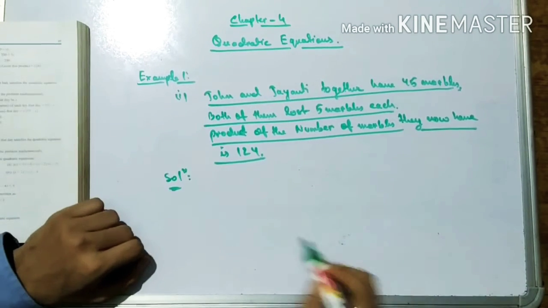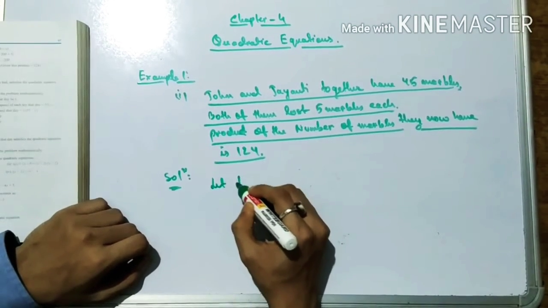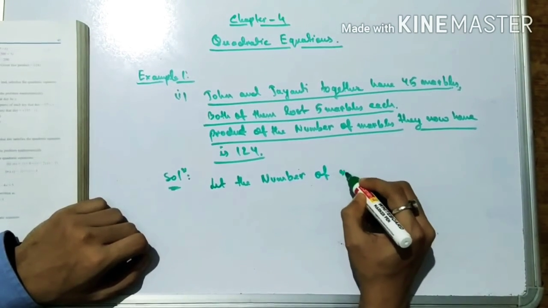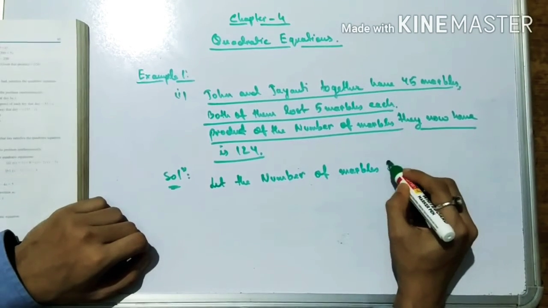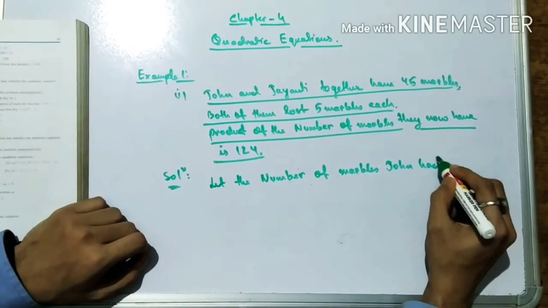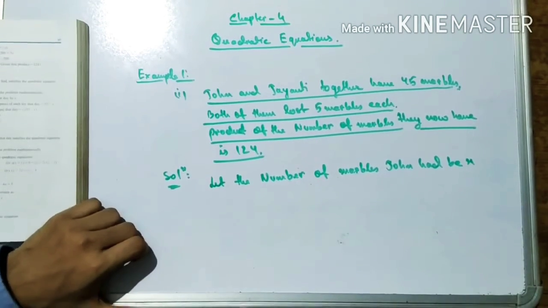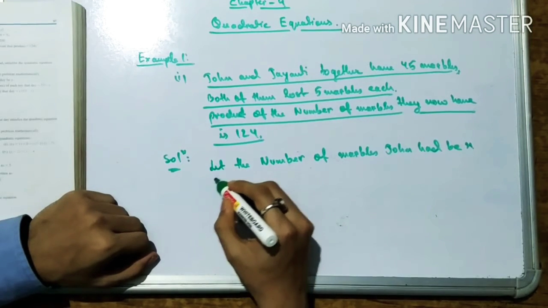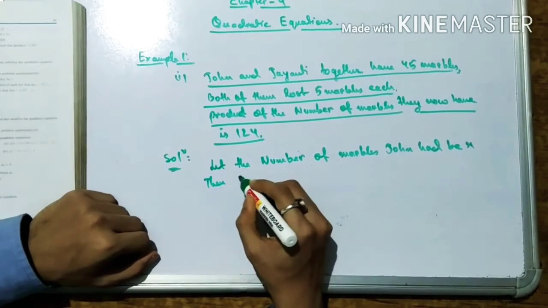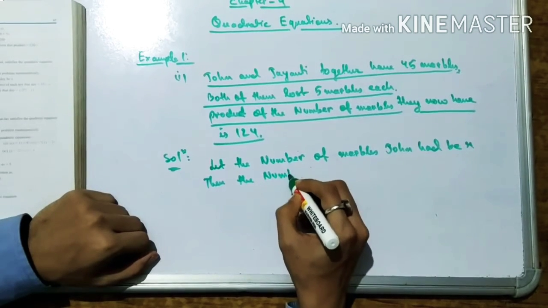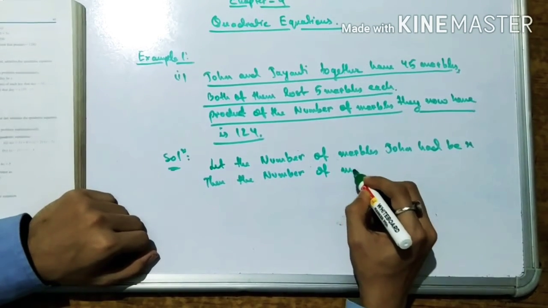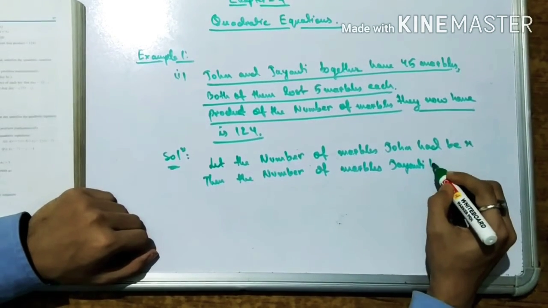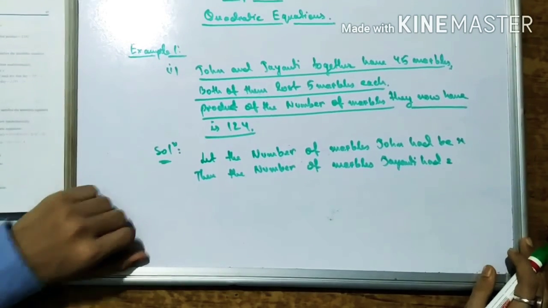So first of all, let the number of marbles John had be x. So therefore, the number of marbles Jayanti had will be equal to what?